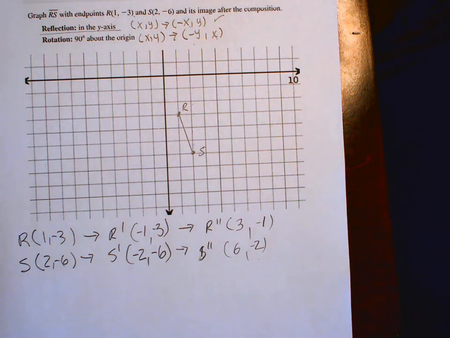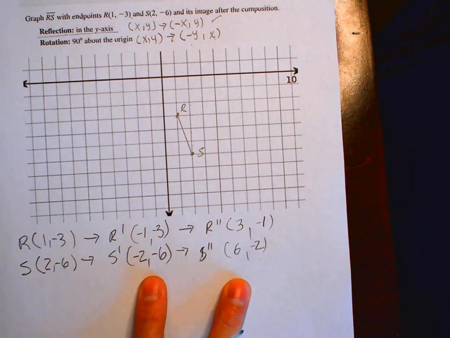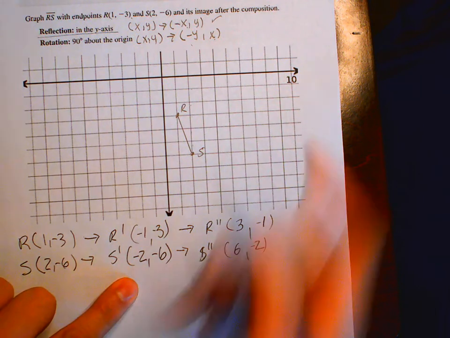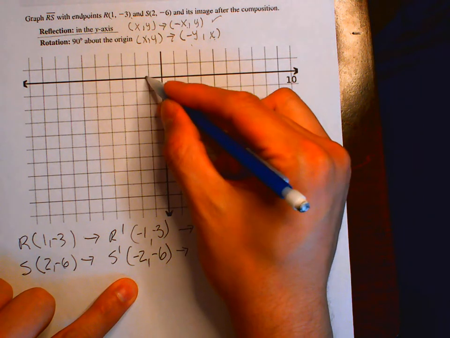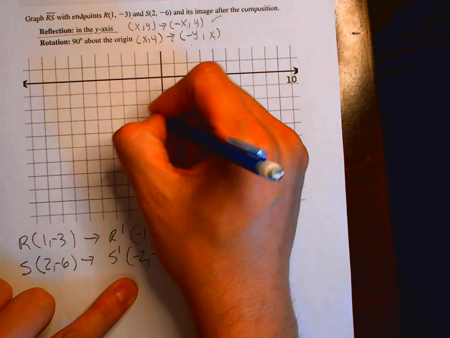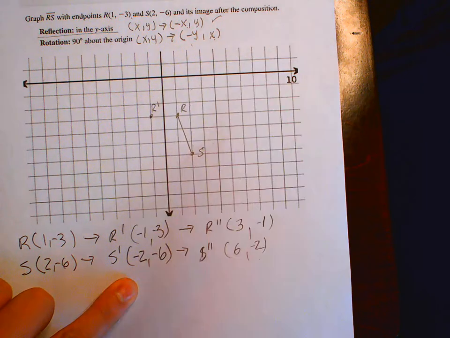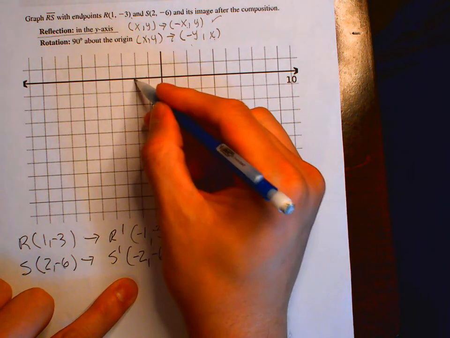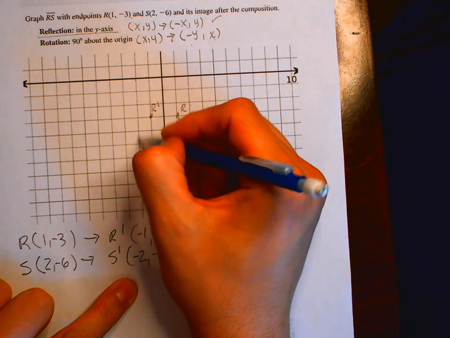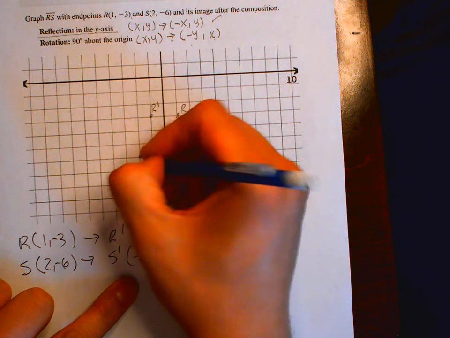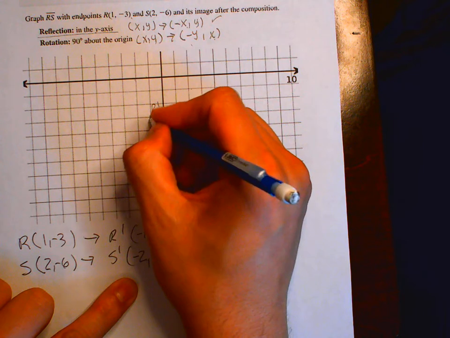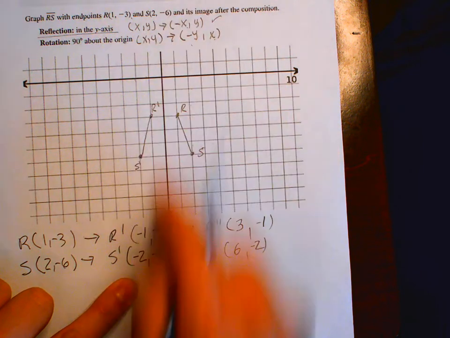Now what we got to do is we need to plot these two. Okay, so the first one, -1, -3. That's R prime. -2, -6. That is S prime. And look, you can see that that's a reflection about the y-axis.